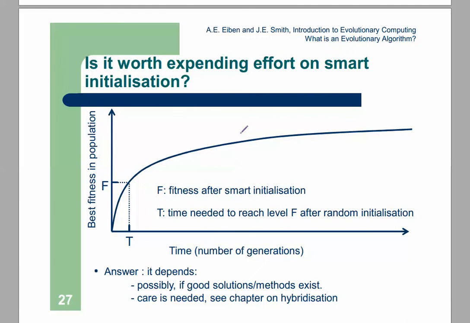Some scientists proposed that instead of a random population for the initialization, we can have a smart initialization. So instead of producing a random population, we can produce a smart or good population.